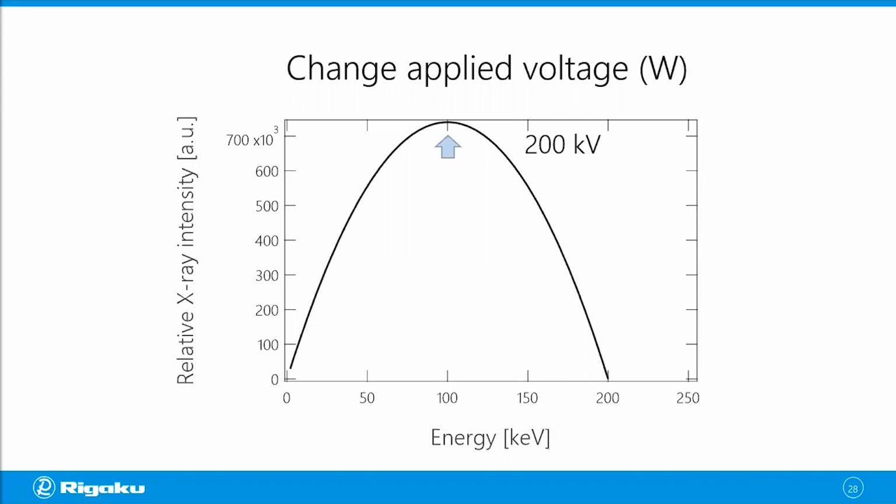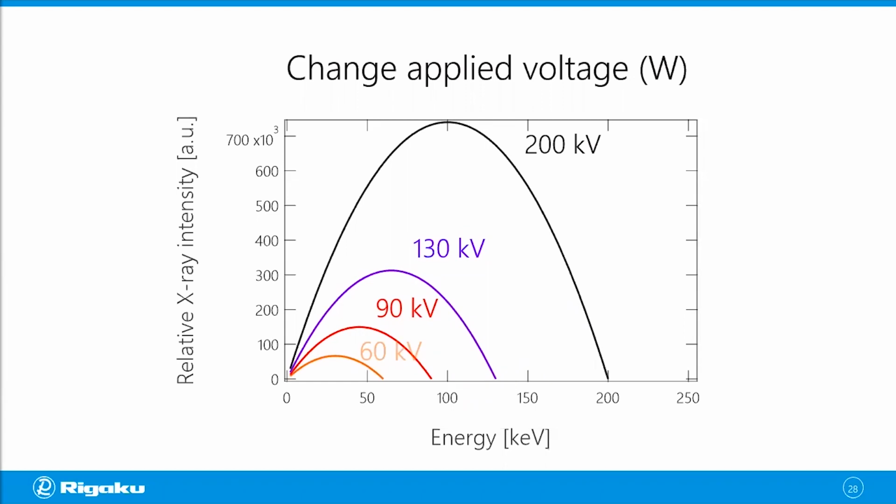Now, let's think about what happens if you change that applied voltage from 200 to 130, 90, or 60. So you see the trend. The X-ray intensity goes down when you change the applied voltage, but more importantly, the peak energy shifts towards the lower energy side. So this is one of the things you can do to get low energy X-rays.